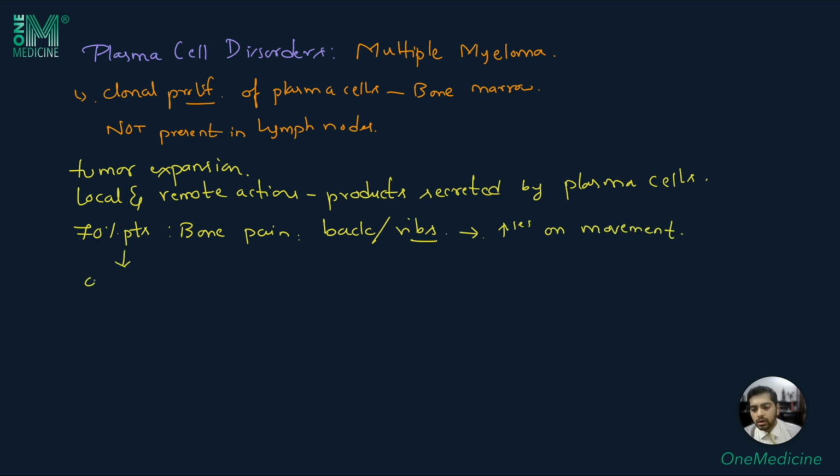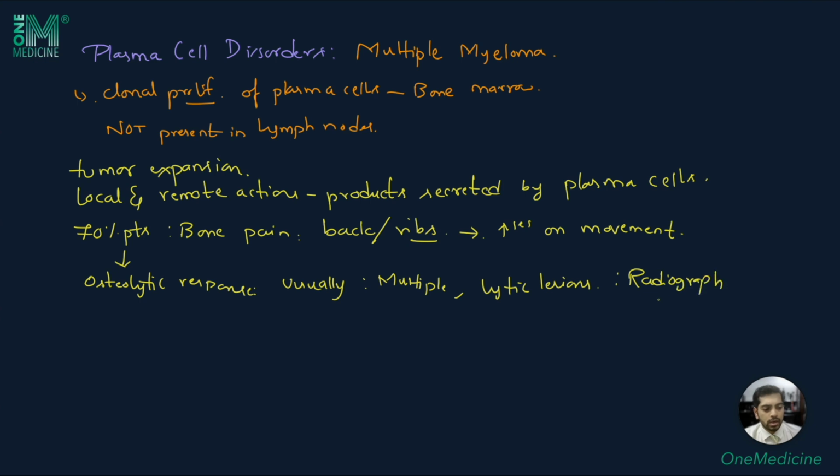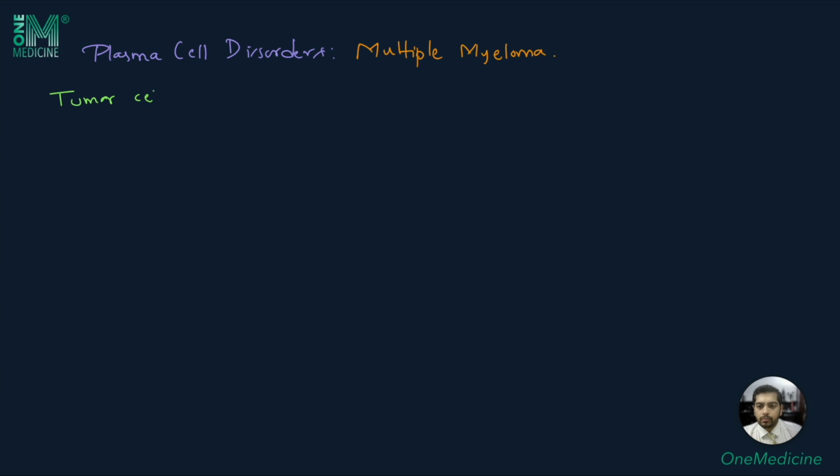These bone lesions occur due to osteolytic response, and they are usually multiple lytic lesions, and because of this, radiographs form an important part of diagnosis. The tumor cells produce the osteoclast activating cytokines.